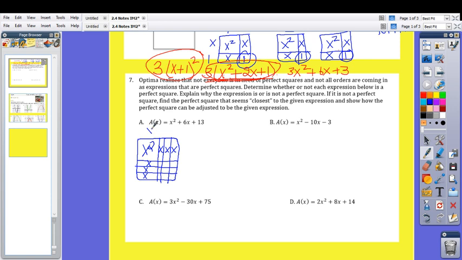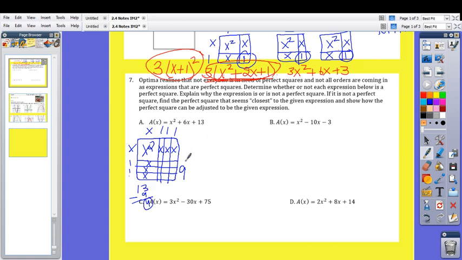So this is x and plus 3, x and plus 3. Now if you count, there are 9 of them, but you have 13. So how many extra do we have? If you subtract 9 from 13, then you get 4. That means you have 4 extra.